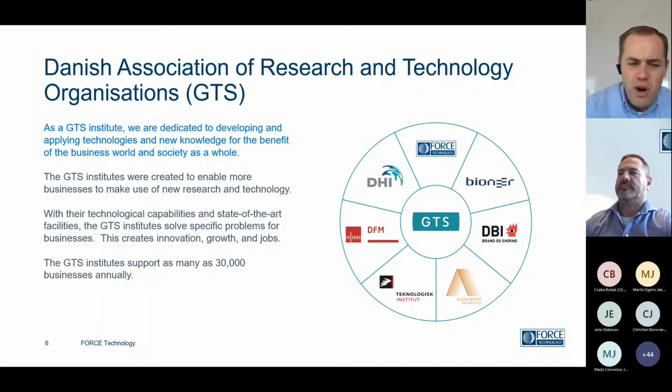We are recognized in Denmark as one of the 7 GTS institutes, or research and technology organizations, that were established by the state of Denmark to make sure that the Danish industry has a strong foothold in the emerging and developing technologies, to ensure access for the industry to these areas. And Force is the largest of the GTS institutes in Denmark. But as you could see on the earlier slides, we are still quite an international organization.